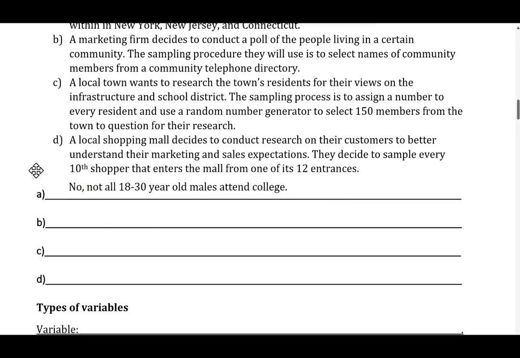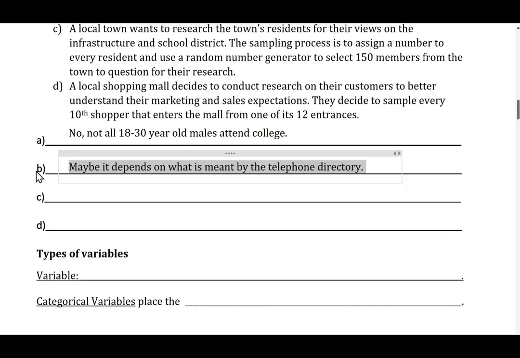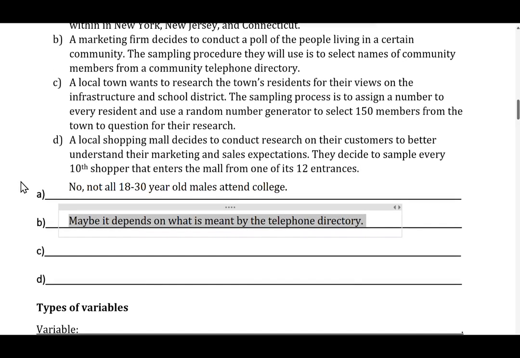For example B, it's a pretty good example of a representative and random sample, but it really depends on what is meant by a telephone directory. Are the researchers talking about a specific telephone directory for a closed and gated community in which every single member of that community is listed in the telephone book? Or are they talking about like the yellow pages or the white pages in which many people opt out?